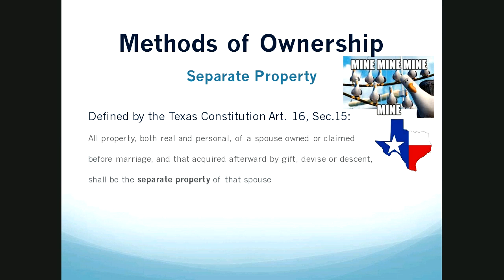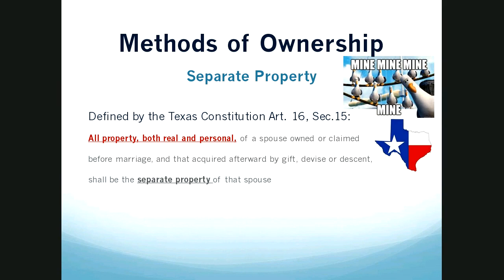But here in Texas, separate property is defined in our Constitution. Article 16, Section 15 says that all property, both real and personal, of a spouse owned or claimed before marriage and that acquired afterward by gift, devise, or descent shall be the separate property of that spouse.